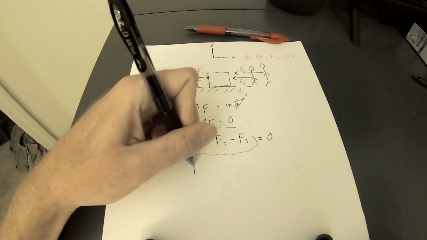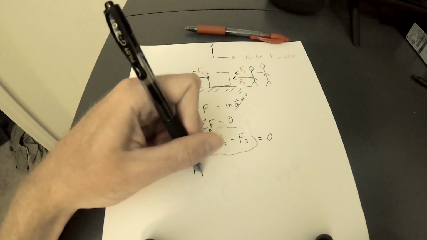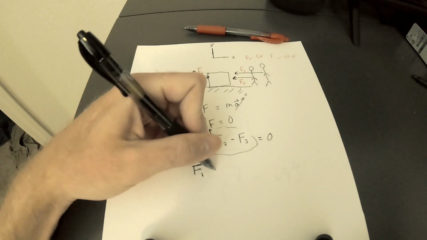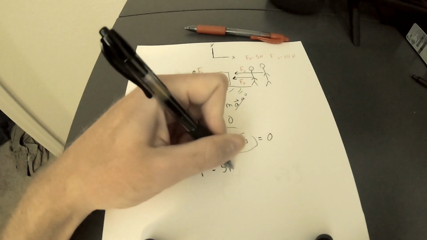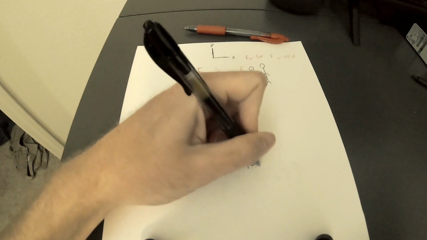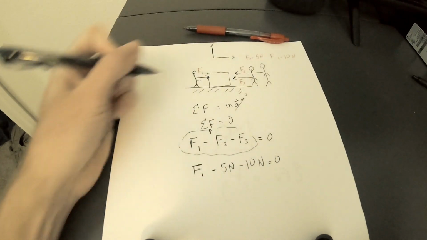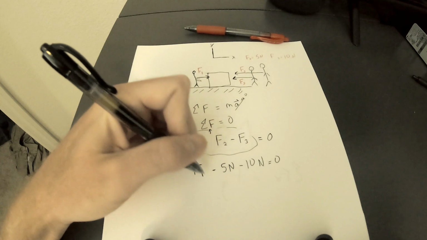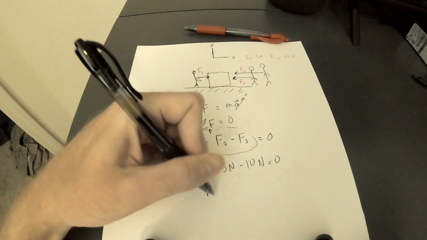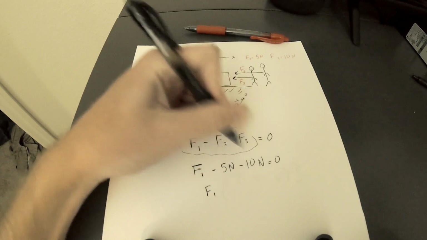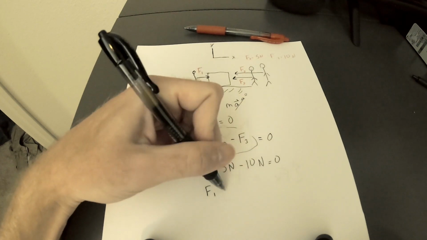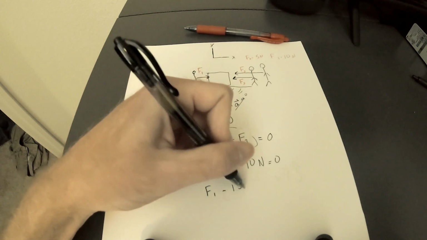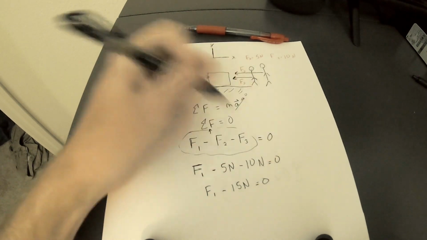Therefore, you're going to have F1, which is your unknown, minus 5 newtons minus 10 newtons is equal to 0. Then it's just simple math from here. We're going to combine these right here. So what you get is F1 minus 15 newtons is equal to 0.